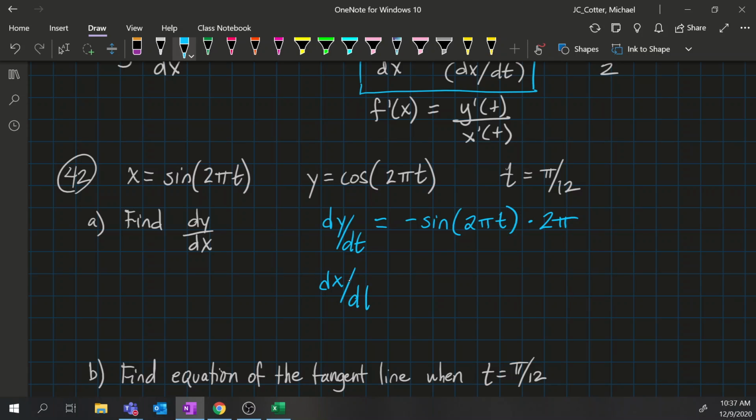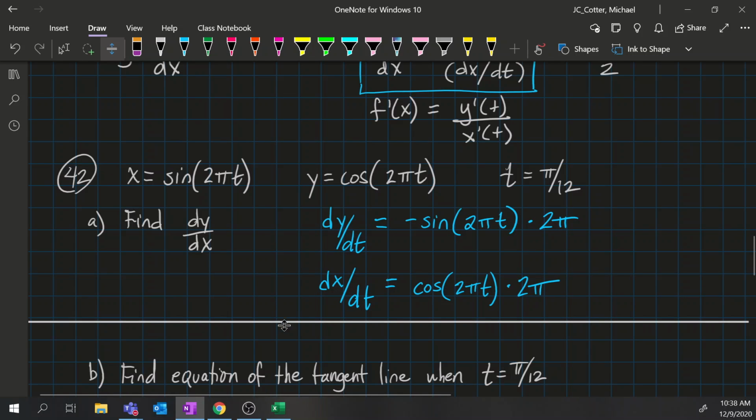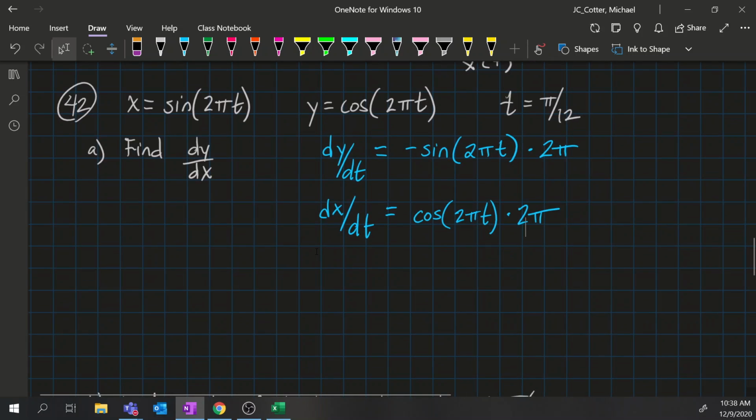So we're going to do dx dt equals, and this time we're looking at x versus t. And that's going to be cosine of 2 pi t times 2 pi. So far all I've done is just taken a couple derivatives based on techniques we've already covered. Okay? Now here's the new thing, right?